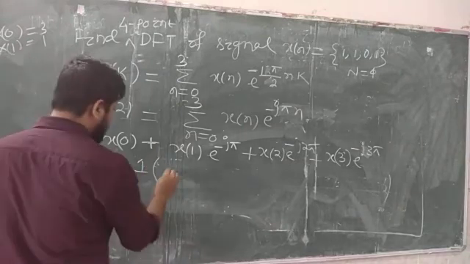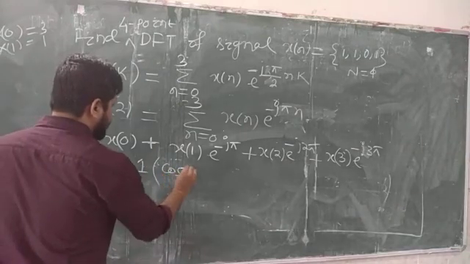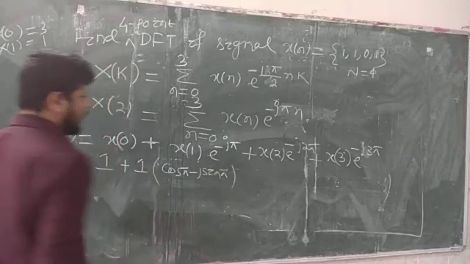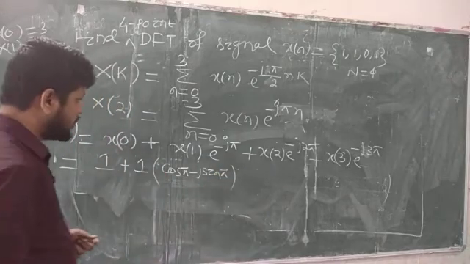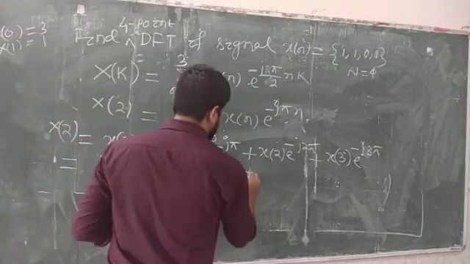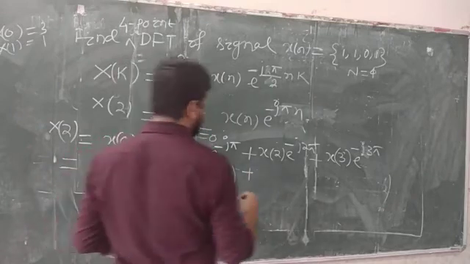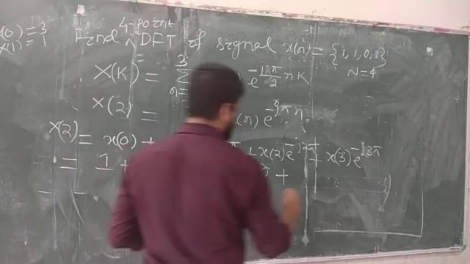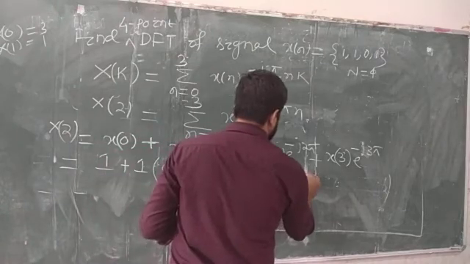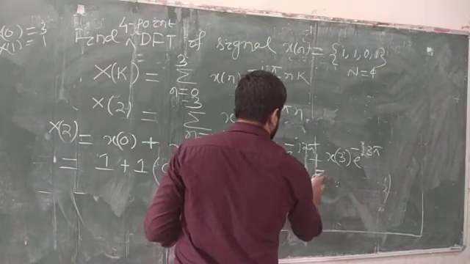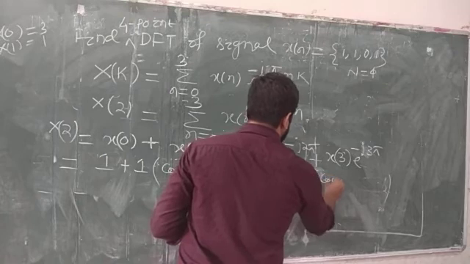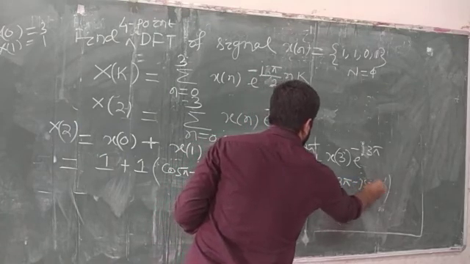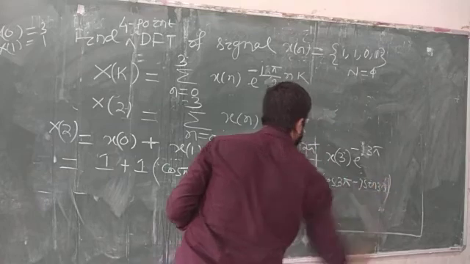So we have to open like this, cos of pi minus j sin pi, plus x of 2 value is 0, so the whole product will be 0, plus x of 3 value is 1, so 1 into e to the power minus j 3 pi means we have to write here cos 3 pi minus j sin 3 pi.